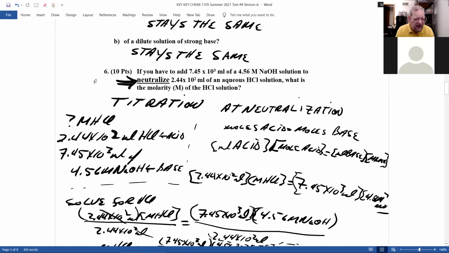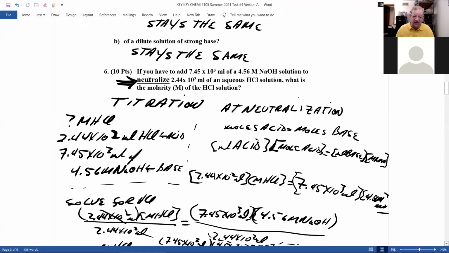Number 6, if you have to add 7.54 times 10 to the third milliliters of a 4.56 capital M NaOH solution to neutralize 2.44 times 10 squared milliliters of aqueous HCl solution, what is the molarity of the HCl solution?